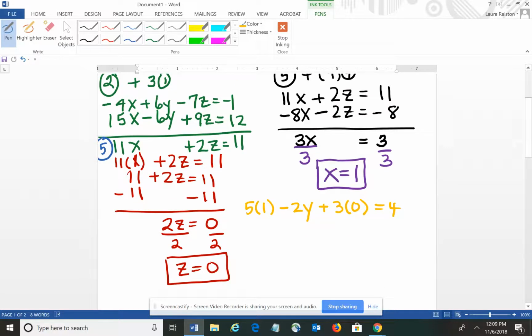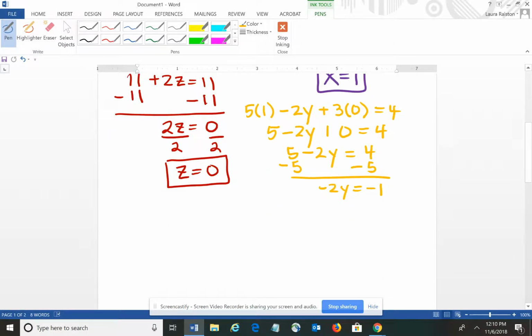So I have 5 minus 2y plus 0 equals 4. 5 minus 2y equals 4. Subtract 5 from either side. You get negative 2y equals negative 1. I'm going to divide both sides by negative 2. So we have y equals positive 1/2.